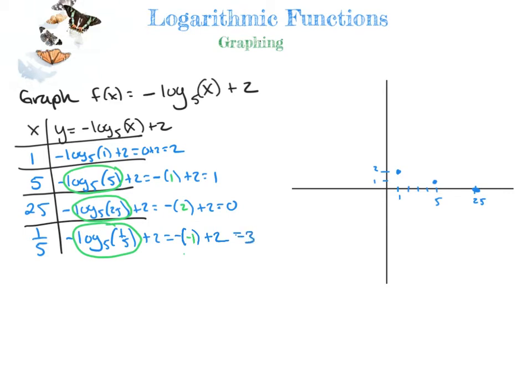So when x is 1/5 right here, we have y is 3. Great. Now we have a really good picture of what our graph looks like. We clearly have an asymptote, as usual, along the y-axis, a vertical asymptote. And pretty decent graph of what that looks like.